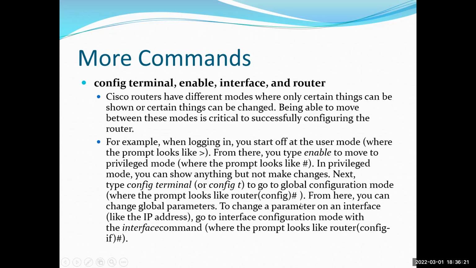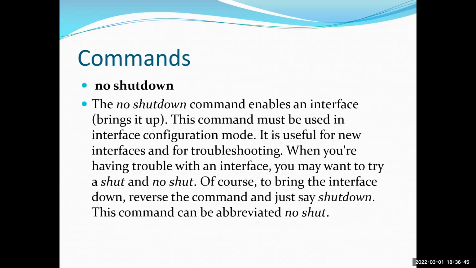You see that? So you're changing between all these states. From here, you can change global parameters, and then to change parameters on an interface like the IP address, you go to the interface configuration mode with something like interface, and then it should look something like config-if. Okay, so that's basically the transition between all the states in the devices.